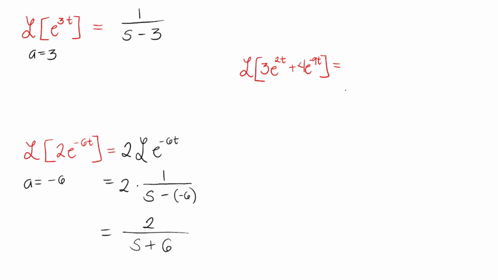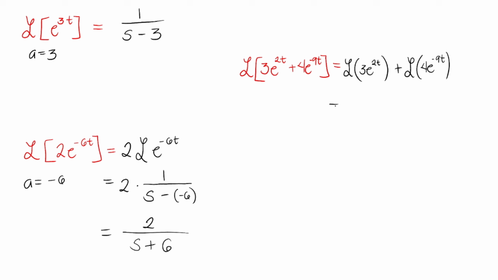Okay. And finally, for this one, pwede nating i-distribute yung Laplace transform operator dito sa 3e raised to 2t plus 4e raised to negative 9t para lang siyang integral sign. So, distributing this, the Laplace transform of 3e raised to 2t plus the Laplace transform of 4e raised to negative 9t.